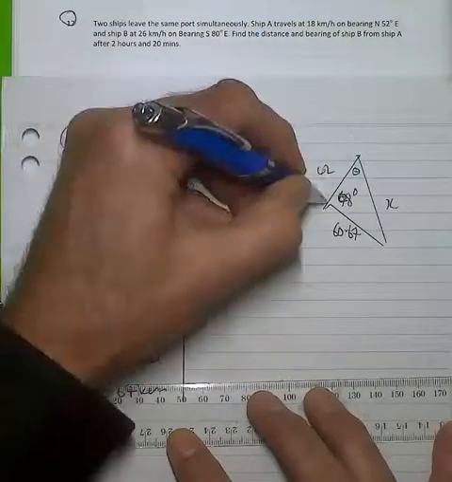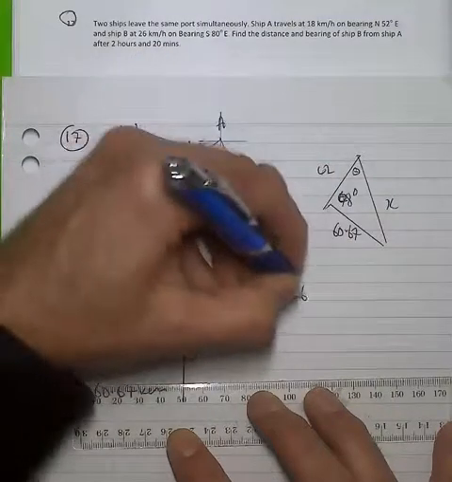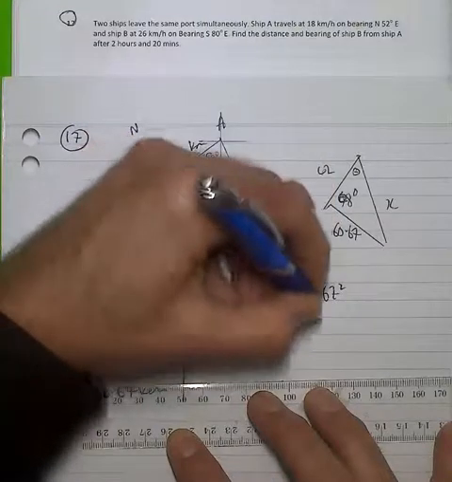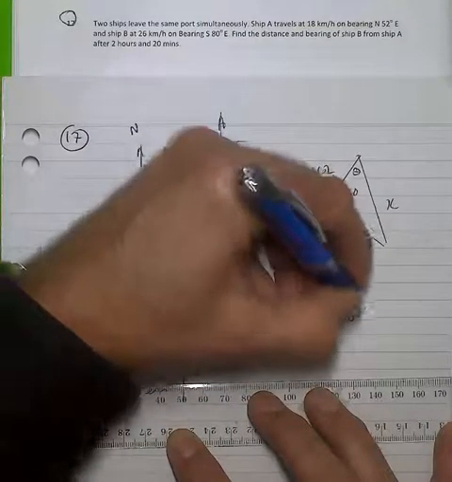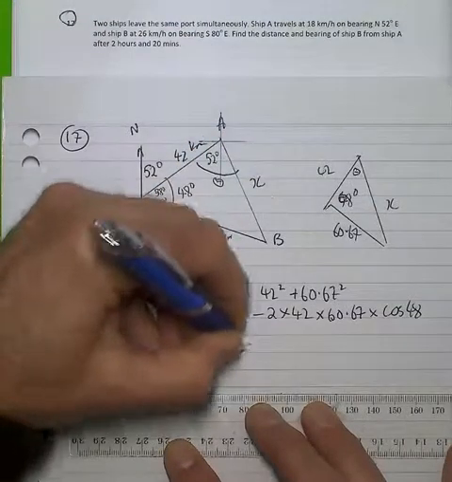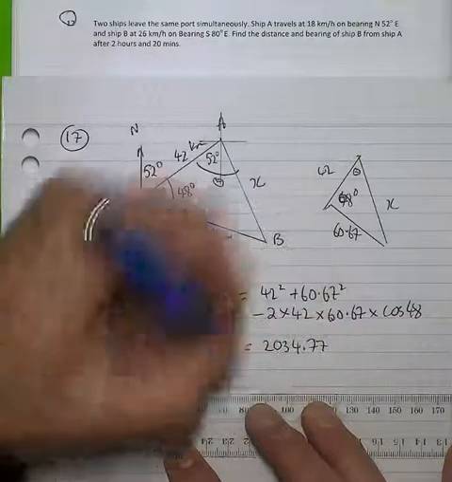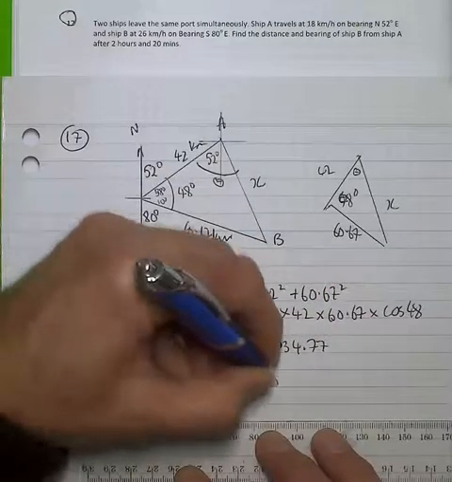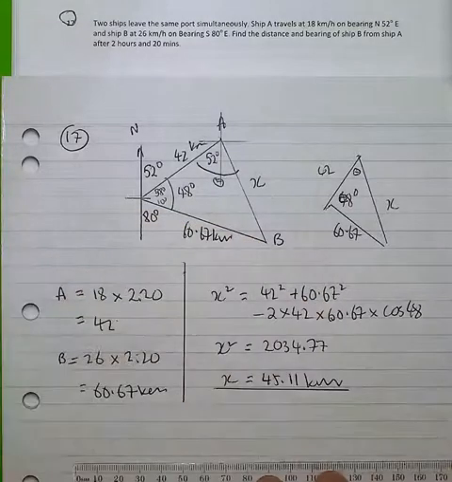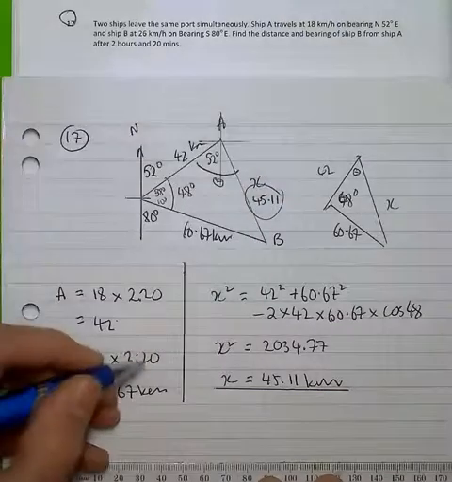Now, clearly, with the hinged book scenario, x squared equals 42 squared plus 60.67 squared, minus 2 times 42 times 60.67 times cos of 48. Now I'll put that in the original diagram, the 45.11 kilometres.